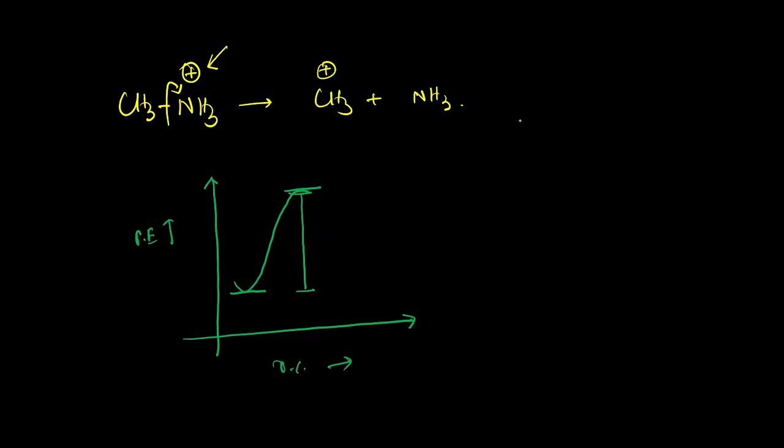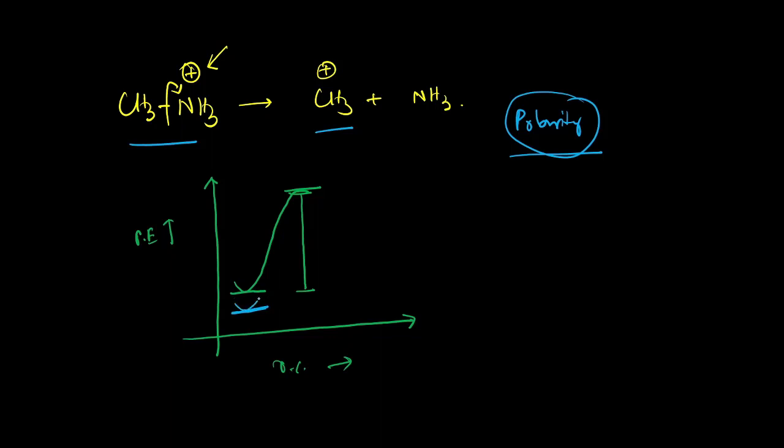So if we increase the polarity, the polar solvent will stabilize the reagent more compared to the transition state. In this case, the energy of the reagent will be shifted downwards, because the reagent was very unstable initially. In the presence of polar solvent, the energy of the reagent will decrease because it is more stabilized now.